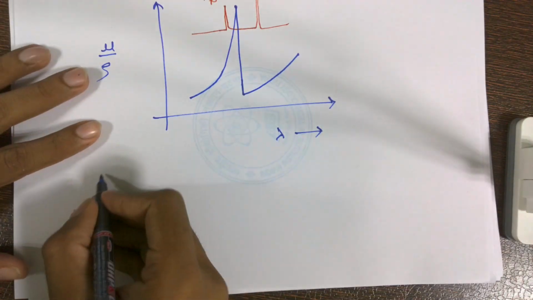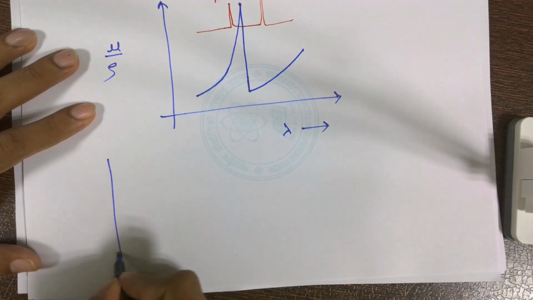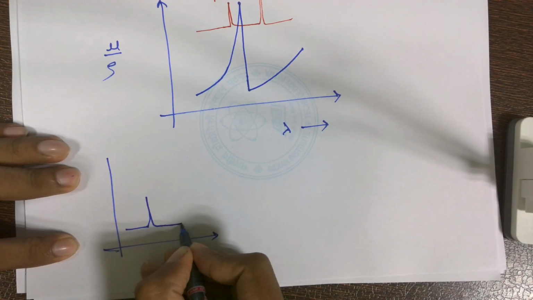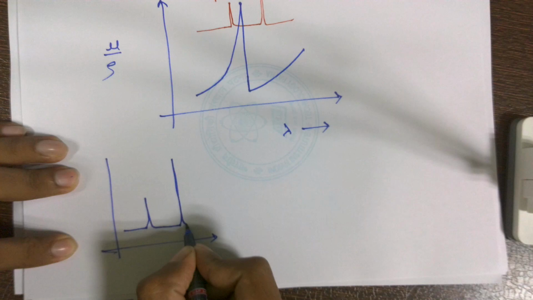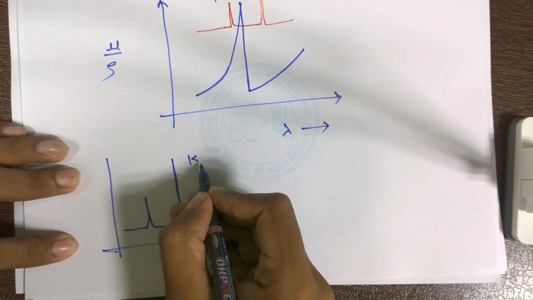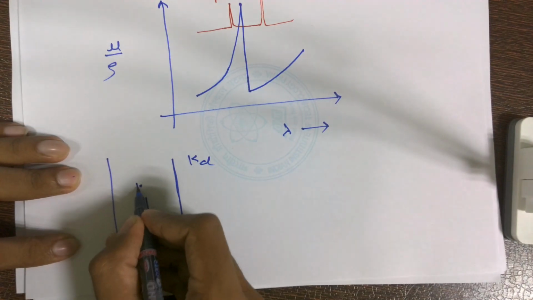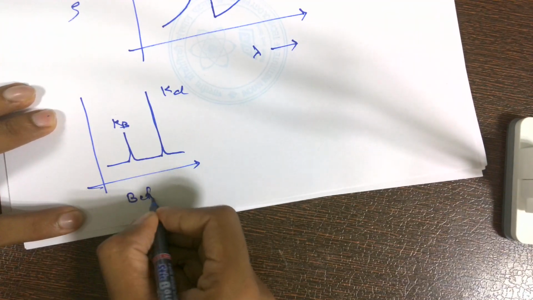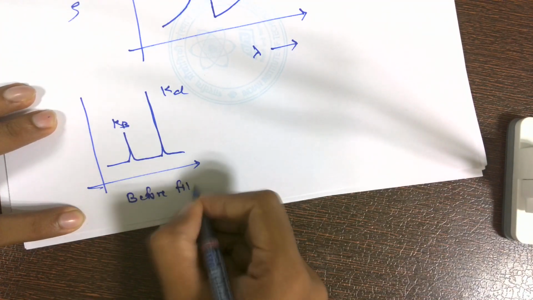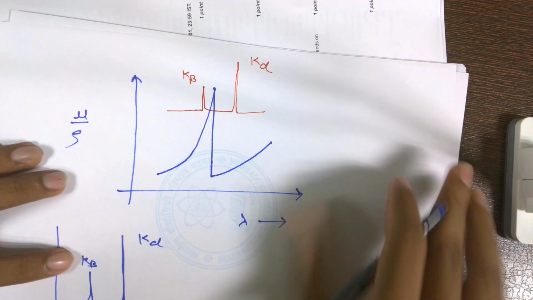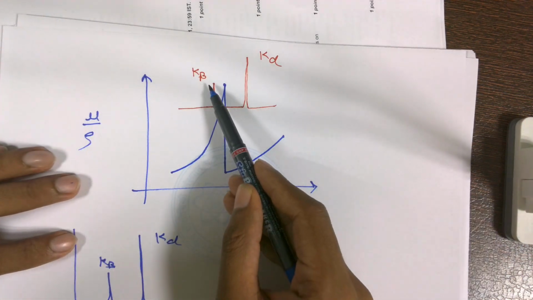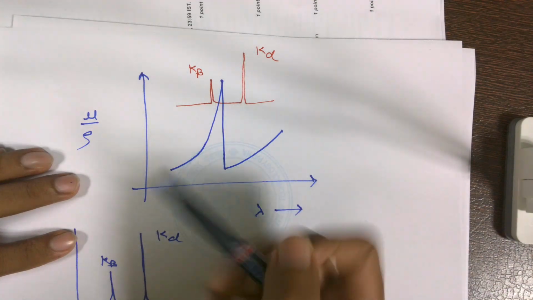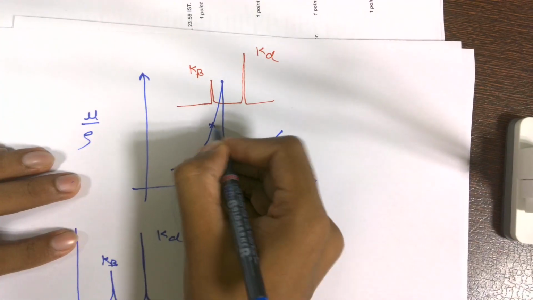So initially, before the filter, without the filter, their intensity was like this. Now here, K beta is just on this side of the edge, so its absorption is quite high.